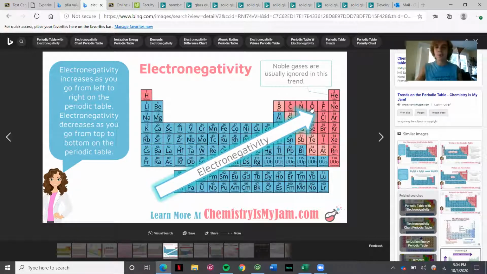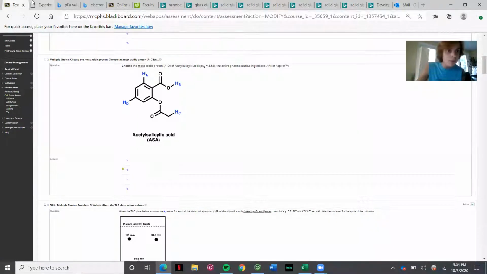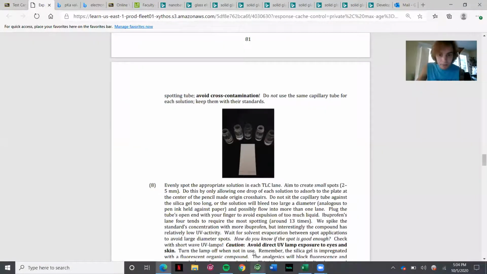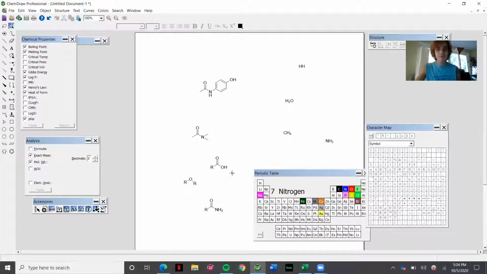So we know oxygen is more electronegative than nitrogen. So we're able to infer that a carboxylic acid is going to be more acidic, meaning it can give away its proton, than an amide, and I'll explain that more deeply soon. I know that was a very brief explanation. I'll give a very deep explanation for that in a moment.